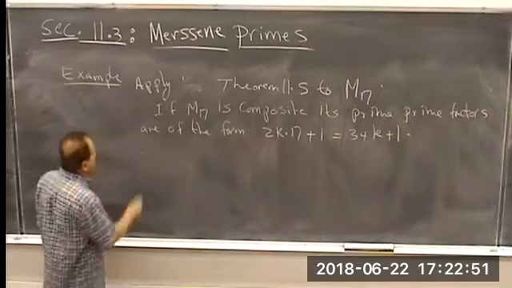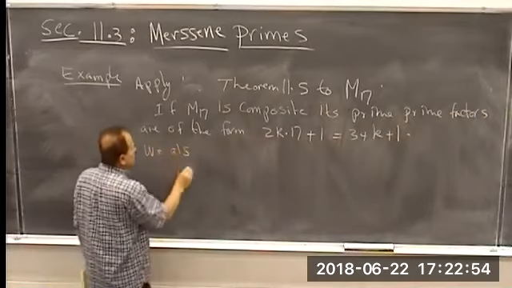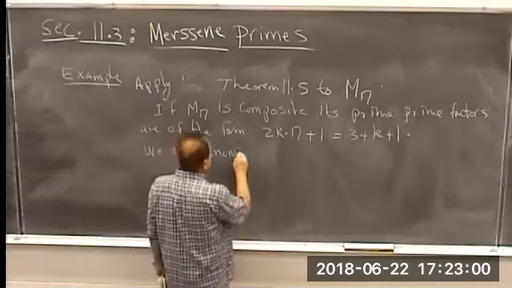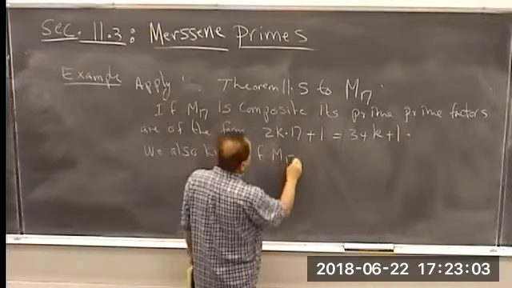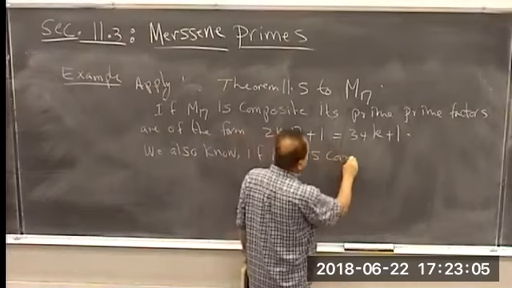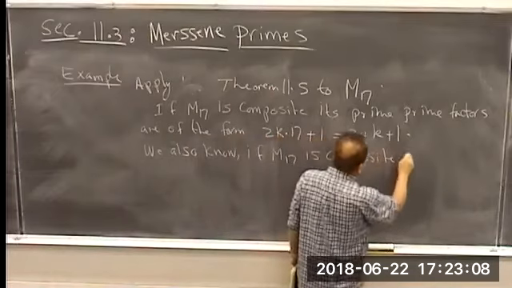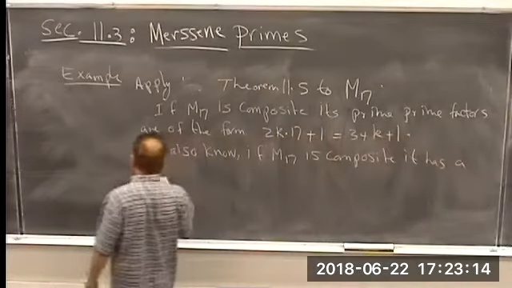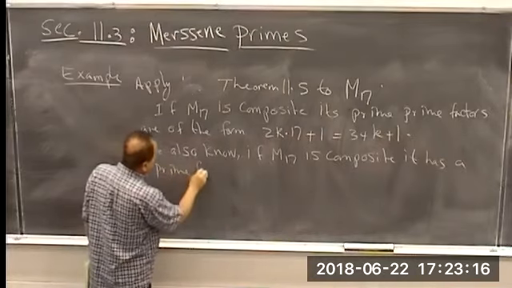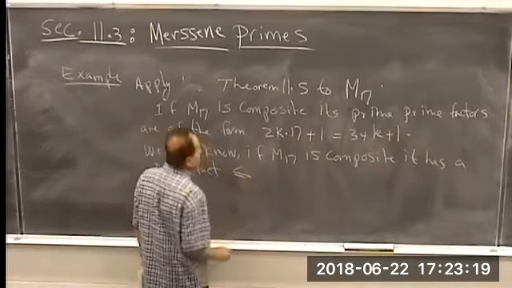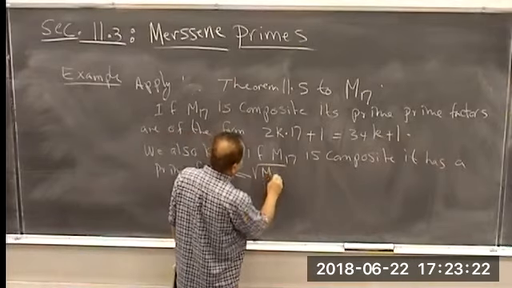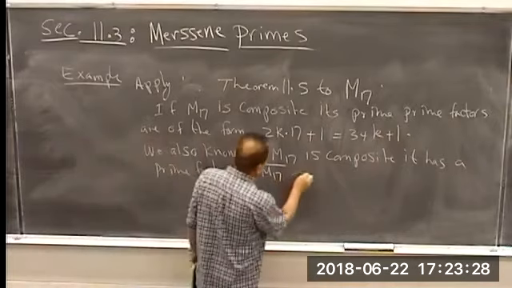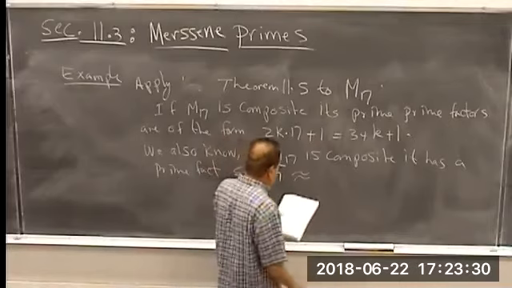Also we know, if M17 is composite, it has a prime factor less than or equal to the square root of M17. All right? Now, the square root of M17 is approximately equal to 362.